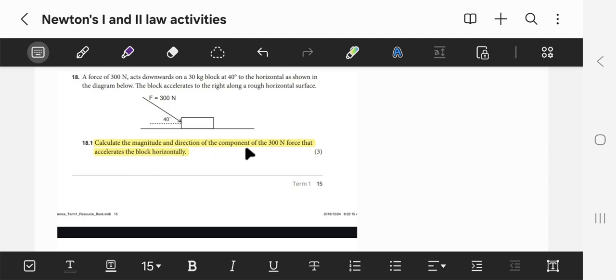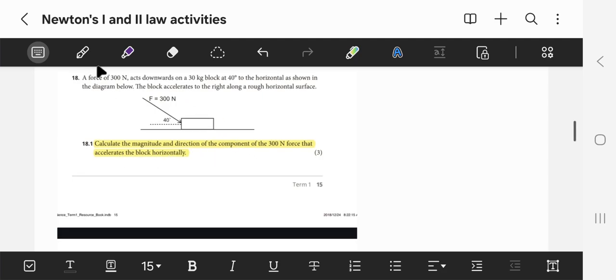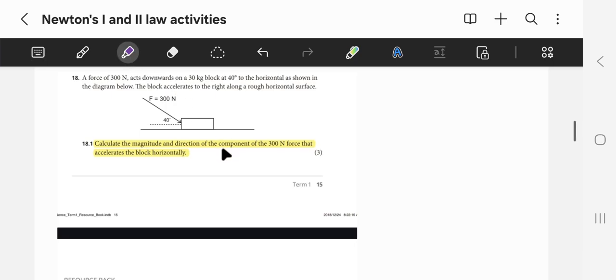So we are looking for what here? We are looking for the component force of this particular force here, the applied force. So how are we gonna get our component force?